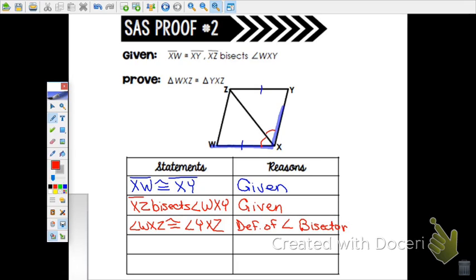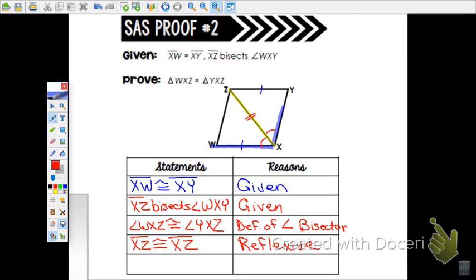What else do I know to be true when I look at my picture? Okay, I've got that shared side, so I know that XZ is congruent to XZ. What's the reason? Reflexive. So, now when I look, mark that reflexive piece.